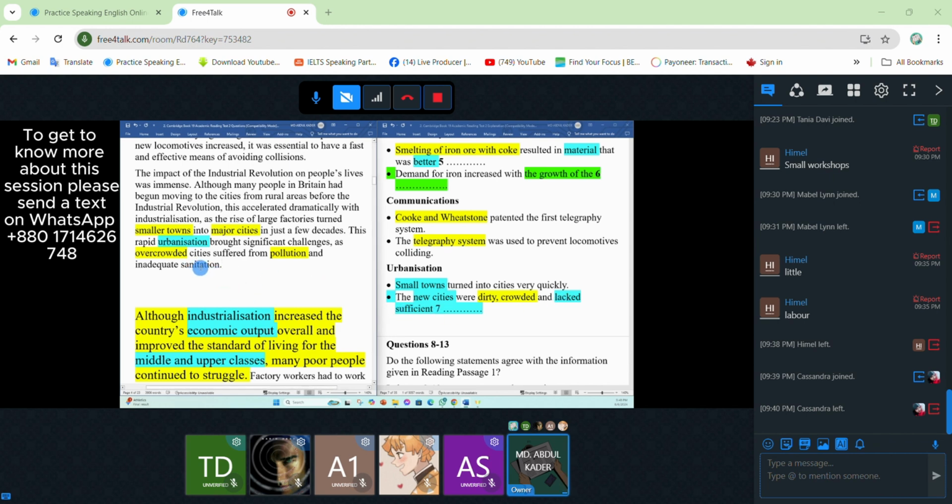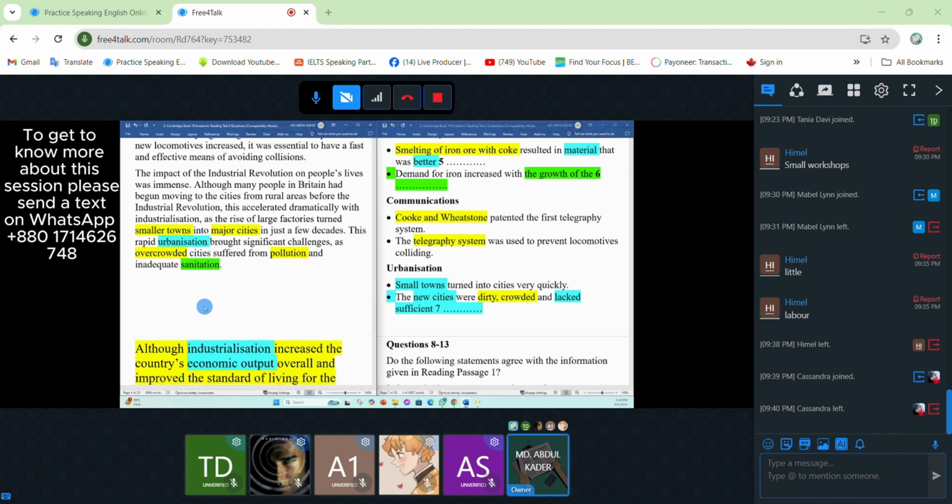So sanitation should be the correct answer. Remember, here we've got the word inadequate, which means not sufficient, or lacked sufficient.